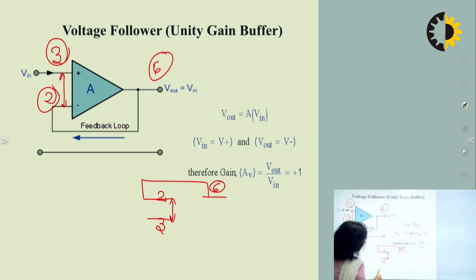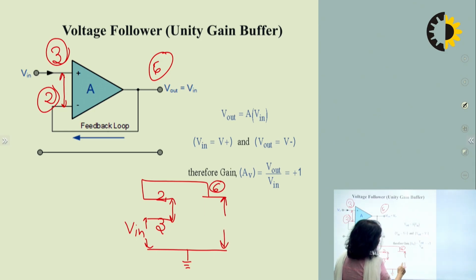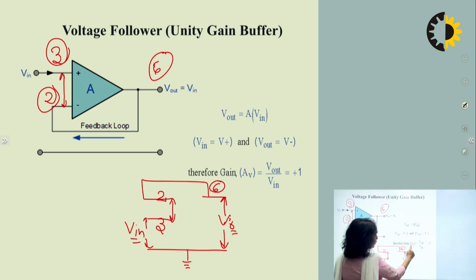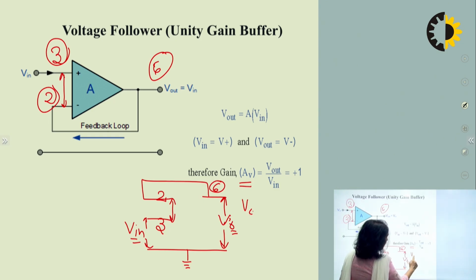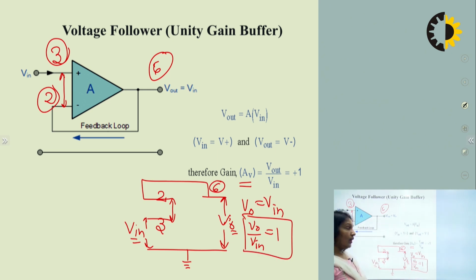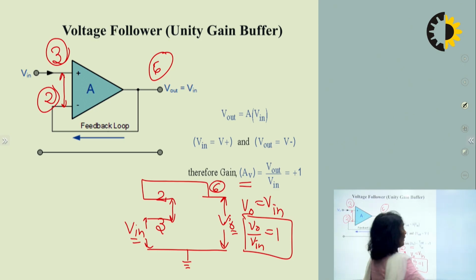Between pin number 3 and the ground terminal we apply the signal V input, and between pin number 6 and ground we take the output voltage. Because of the short, V input will be equal to V output, and we know the gain is V naught upon V input, which equals 1. This is how we get unity gain in the unity gain amplifier.